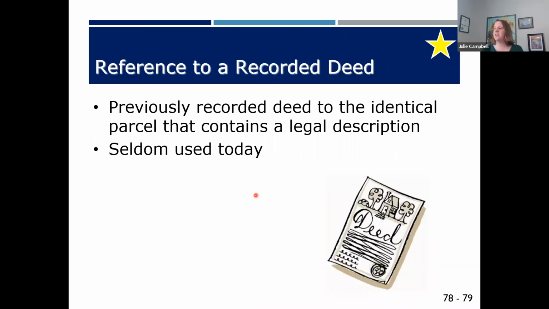Number two is referencing a recorded plat map if it's available. Questions on our 4 different legal descriptions, the 4 ways that we can identify the property. Let me rephrase that. 4 different ways that the surveyor can identify the property.